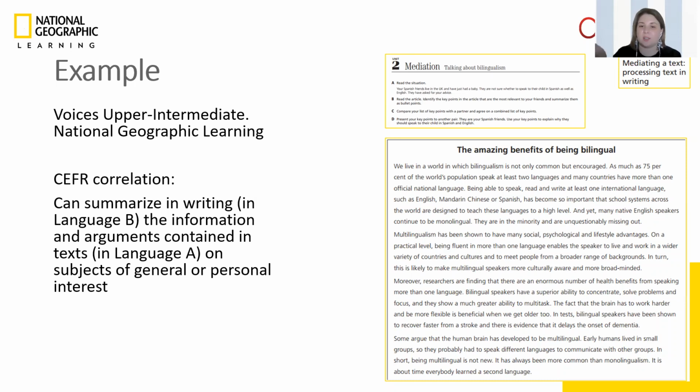I mean that the text is in English. You may ask your students to summarize the text and introduce the key points in English, or you may ask them to do this in Russian.